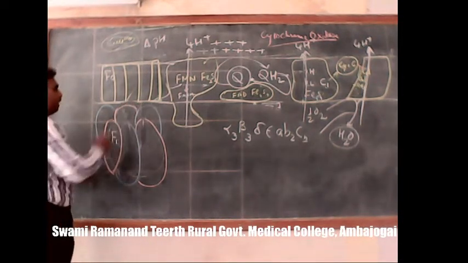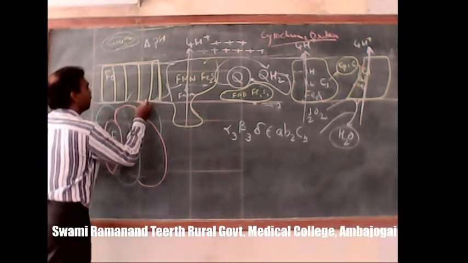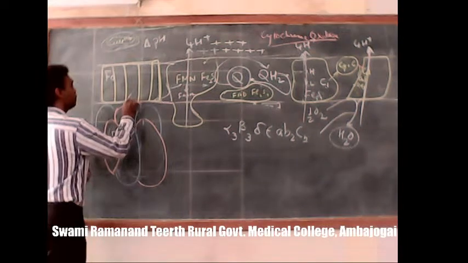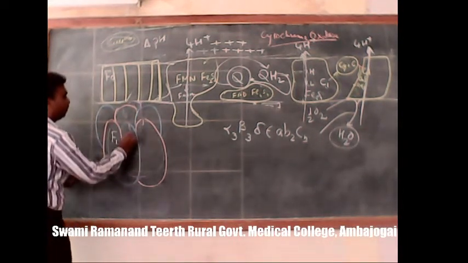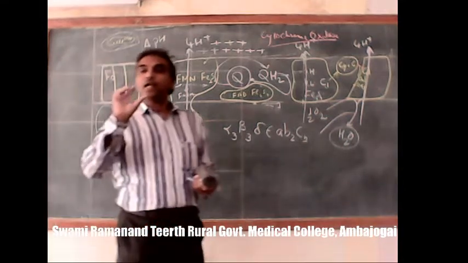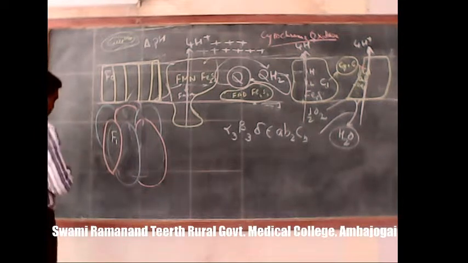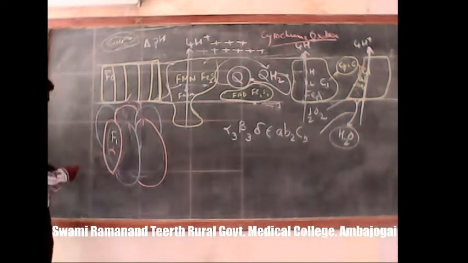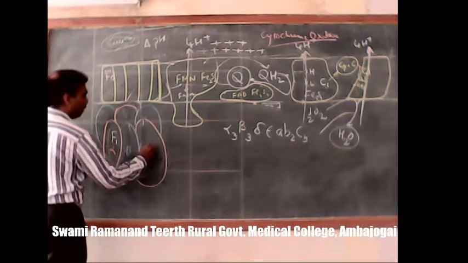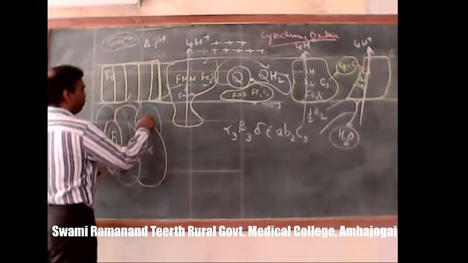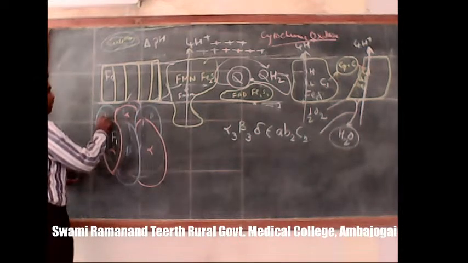So it is not attached. What is attached over here is the gamma unit. The small gamma unit can be seen over here like this. So there are 6: this is alpha, this is beta, alpha, beta, alpha, and beta.